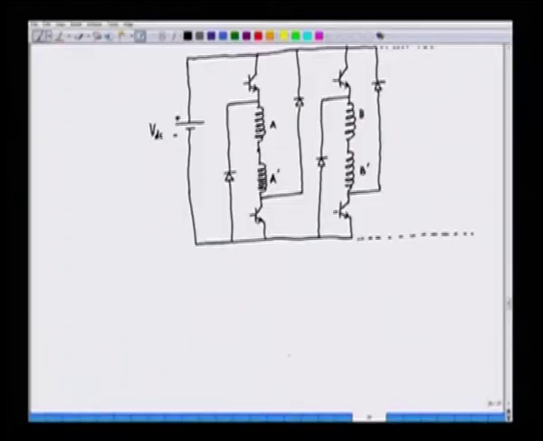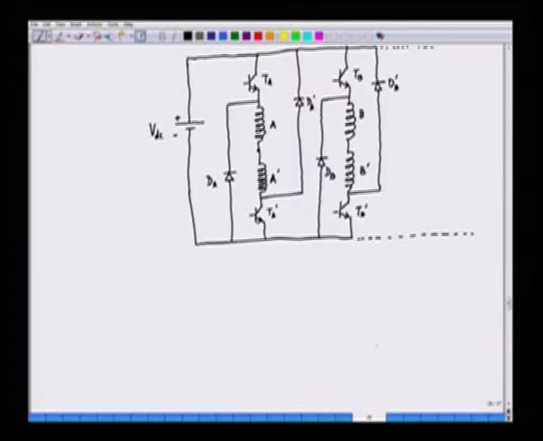We can call this TA, transistor A, and transistor A prime. This is TB and B prime. This is, let us say, DA and DA prime. This is DB and DB prime, and so on.